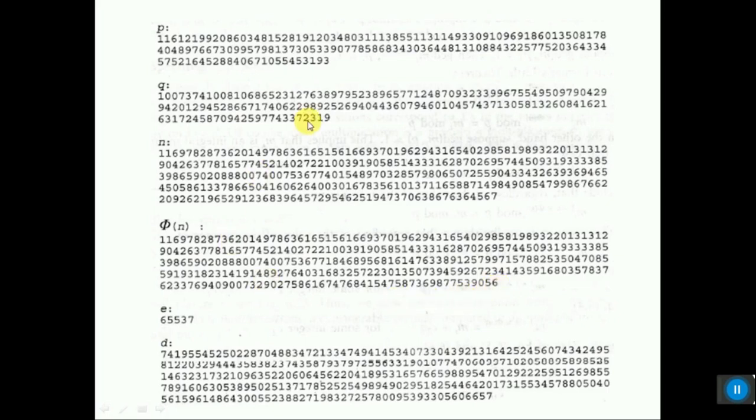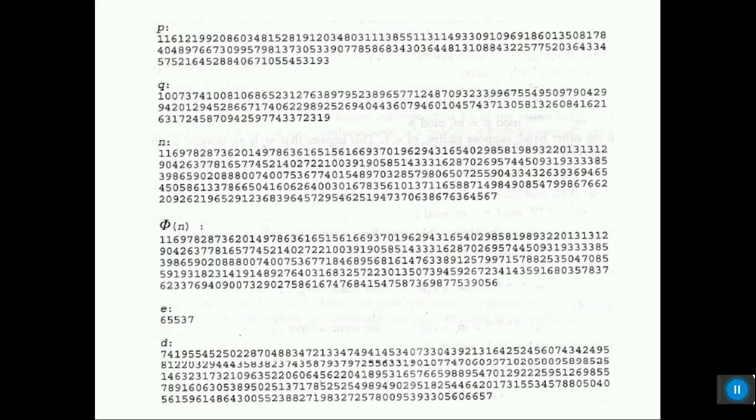So what we can understand here is P and Q should be selected such that they are very large prime numbers. Now have a look at this E, which is the encryption key, which is quite a small number. Normally this encryption key is kept as a small number like 3 or 65537, because the encryption key is public, which is known to everyone, so they can encrypt the message using this encryption key.